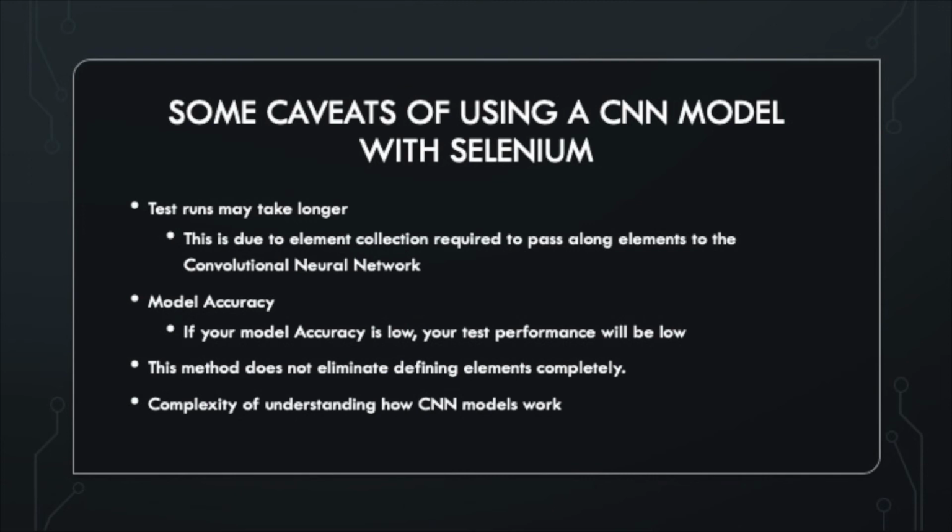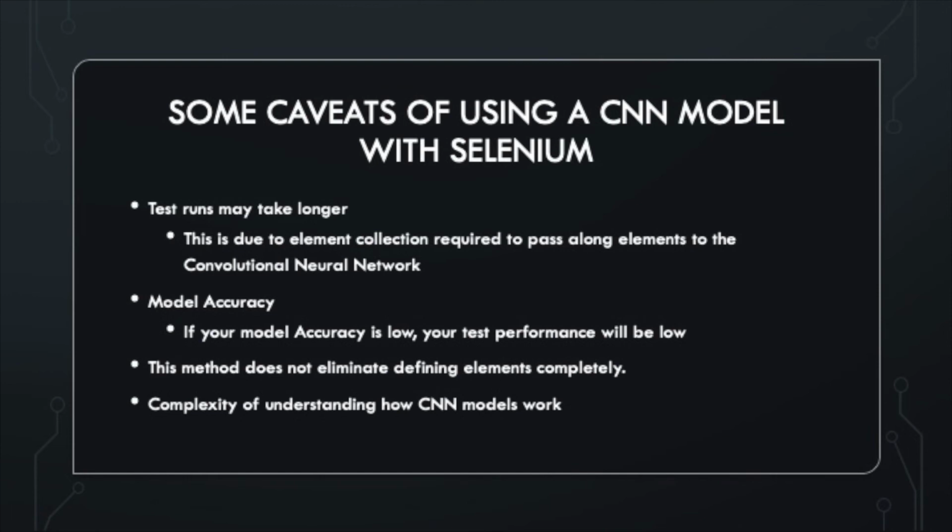The third caveat that I want to cover is that this method specifically does not completely eliminate defining web elements, as there may be some cases that require you to still define web elements. These cases may include needing to create a test case that requires a web element defined that isn't accurately being classified by the model, or when wanting to quickly set up an ad hoc test.